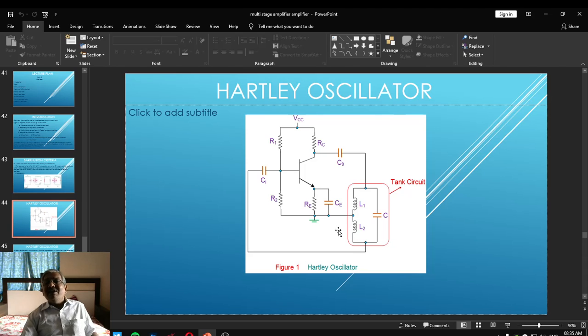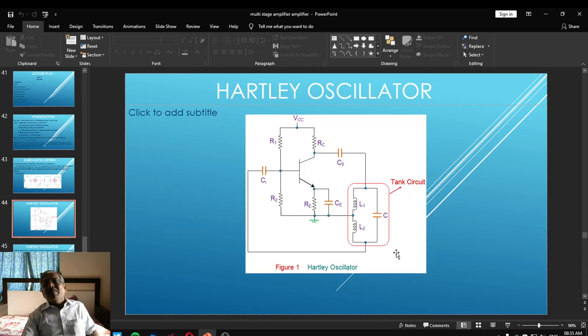The values of C and L should be chosen as small as possible so as to get a frequency of more than 20 kilohertz, and that's why we can say it is a radio frequency oscillator that can be used as a local oscillator in the demodulation process. It is also used to generate the carrier waves in the modulation process.